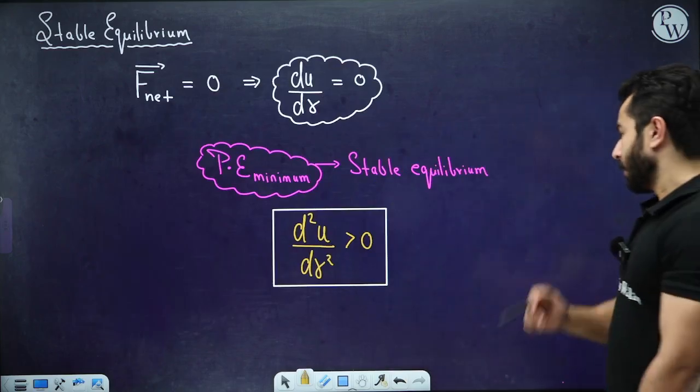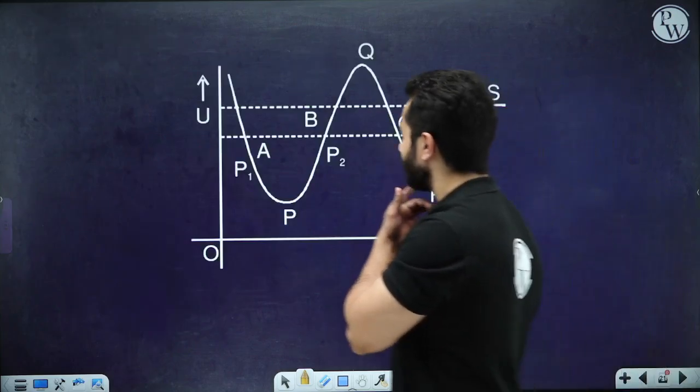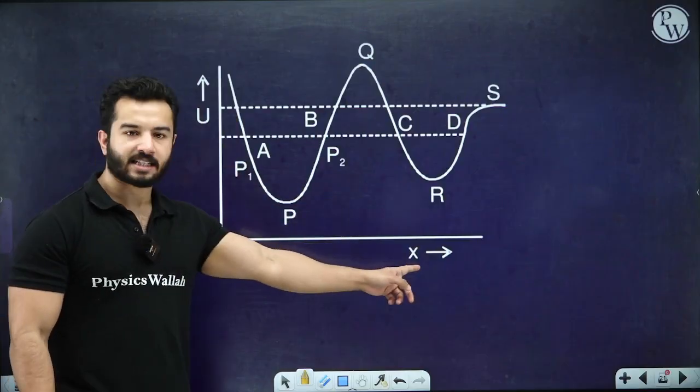All right. So, we can have an example over here. This is the graph between potential energy and x, right?